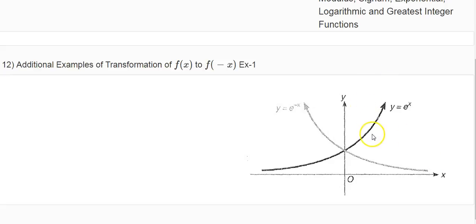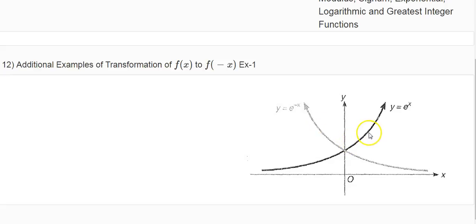So what is happening, when y is equal to e to the power 2, the value is somewhere here, then in this case y is equal to e to the power minus 2, that is y is equal to 1 upon e square, which is the mirror image of a particular point along the y-axis.